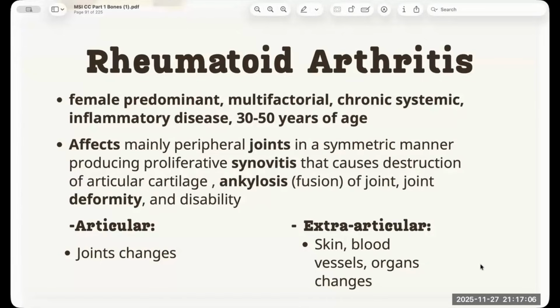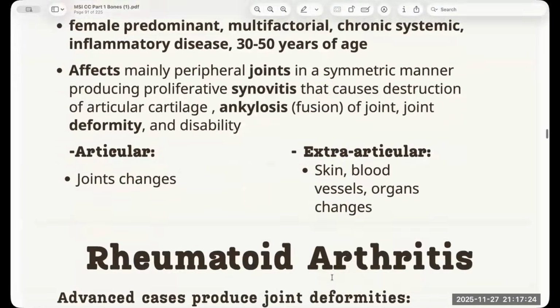Now, there are different manifestations of rheumatoid arthritis. It could be articular, which means related to joints, or extra-articular, which means outside the joints. So articular are joint changes; extra-articular can be skin, blood, vessels, and organ changes and manifestations.